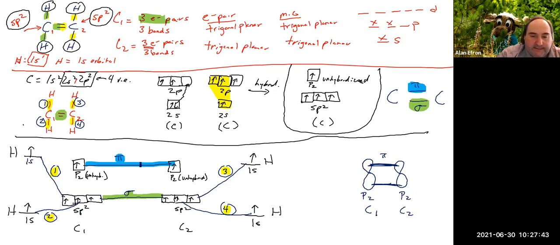So here we see that hybridization can account for every single electron and where they end up. They end up with a double bond in the middle consisting of a sigma bond and a pi bond. You could even get super specific if you're asked.